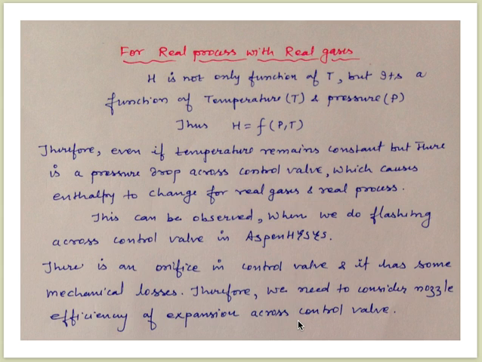So there is expansion, and this is also expansion work. There is a work production through the control valve. So the orifice of the control valve has some efficiency for the real process. That's what we need to understand.